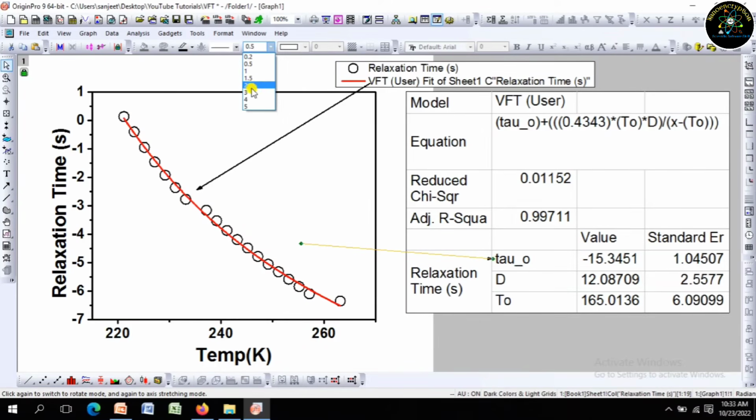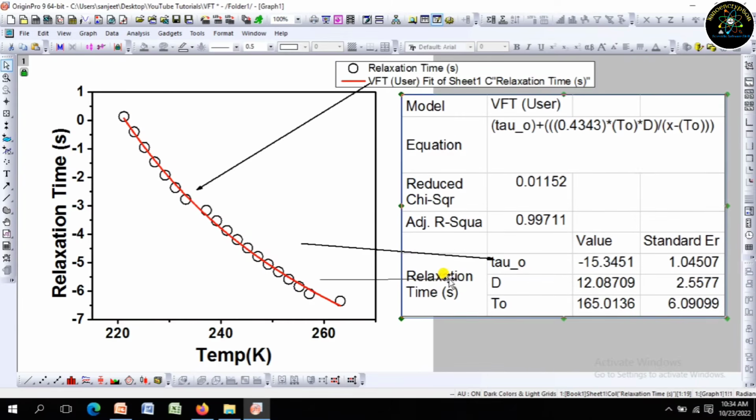This is the pre-exponential factor. This is the one upon fragility.